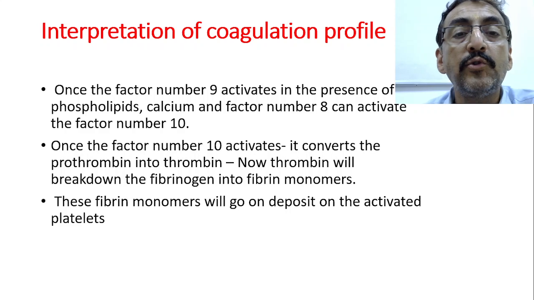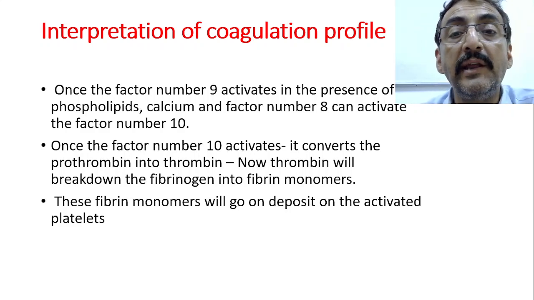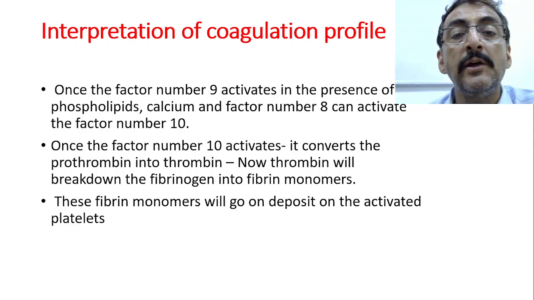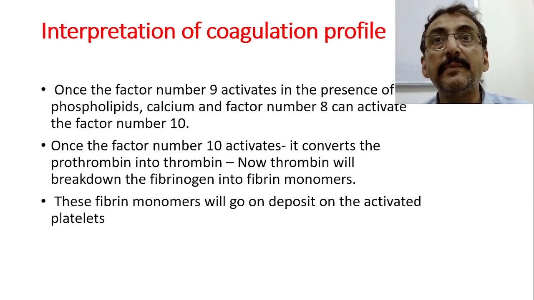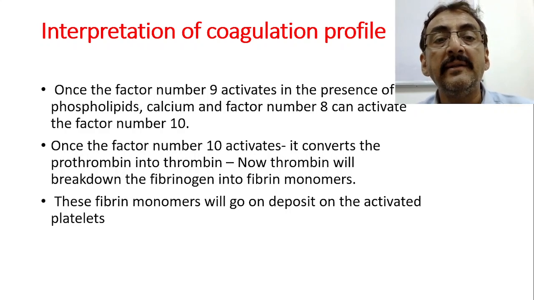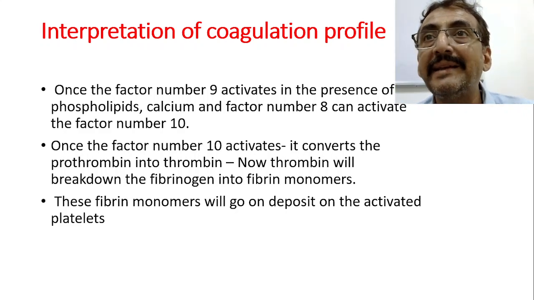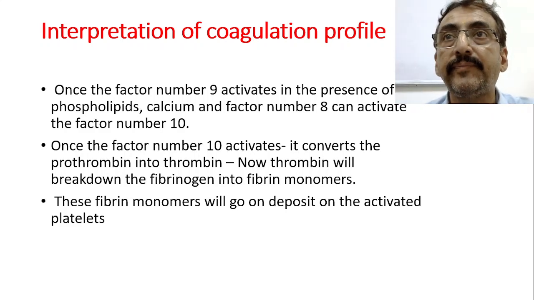Thrombin will break down fibrinogen into fibrin monomers. These fibrin monomers deposit on the activated platelets, which are also causing adhesion and aggregation at the bleeding site. Over that, the fibrin monomers get deposited and form a mesh-like structure, forming a strong hemostatic plug.